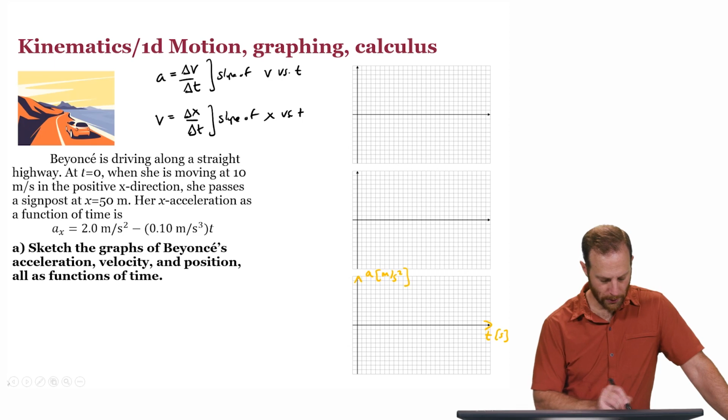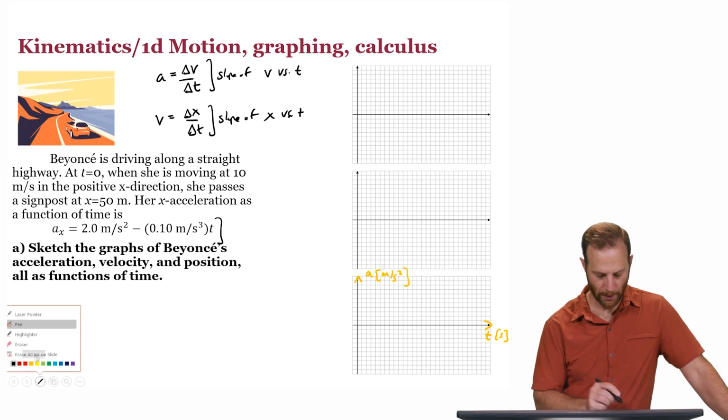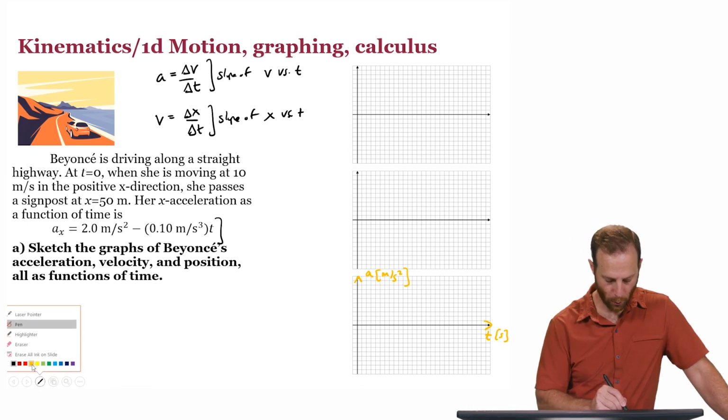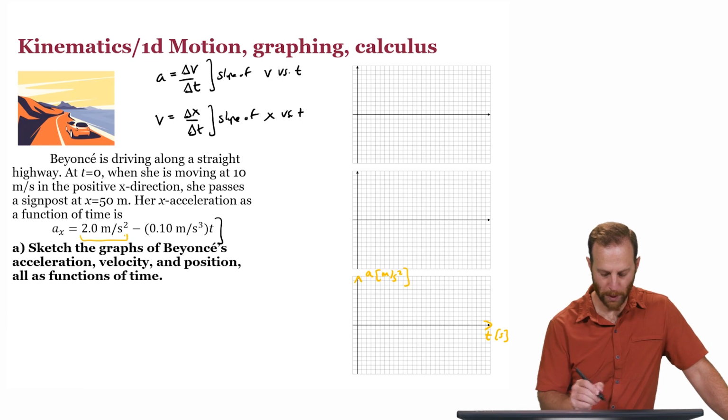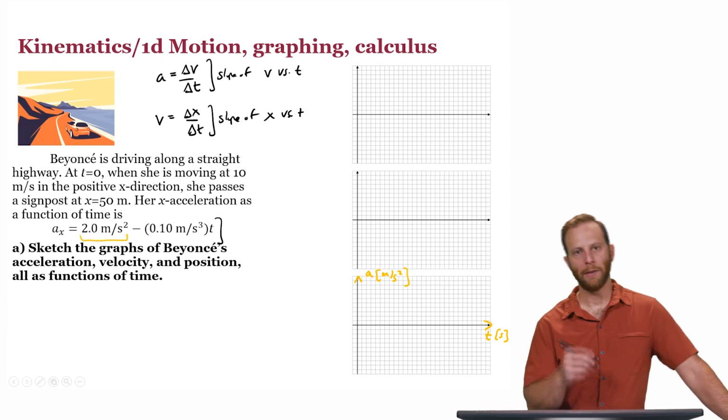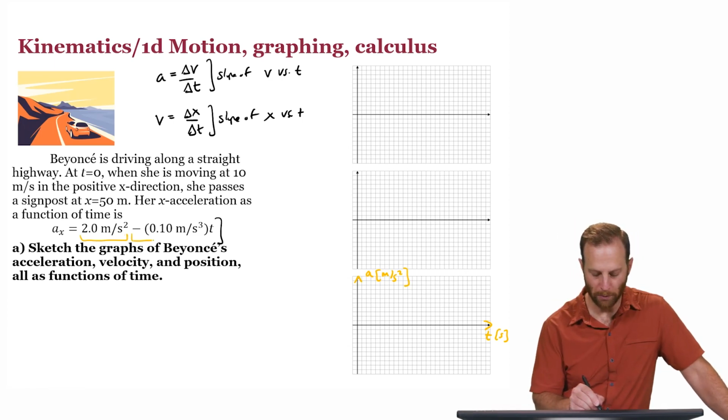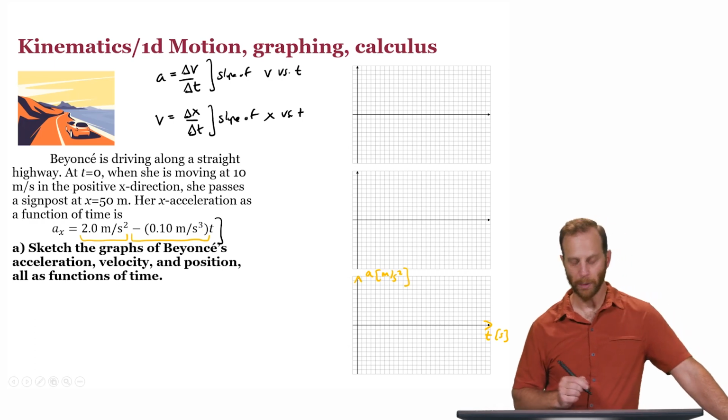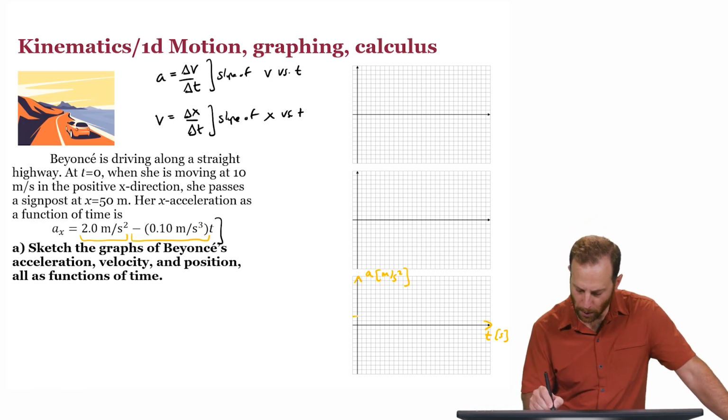What we notice is that the acceleration given by this function is a linear function of time. It starts off with an intercept of 2 meters per second squared. And then it goes down linearly with a slope of minus 0.10 meters per second. So if we were to mark on this graph, let's call this 1, we'll call this 2 meters per second squared.